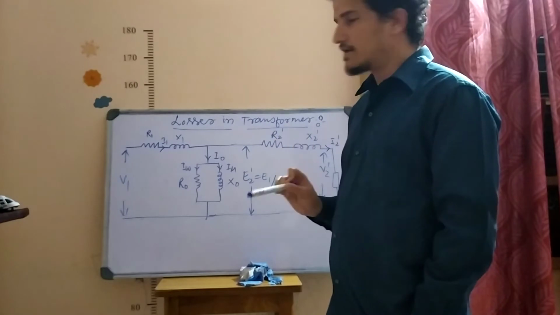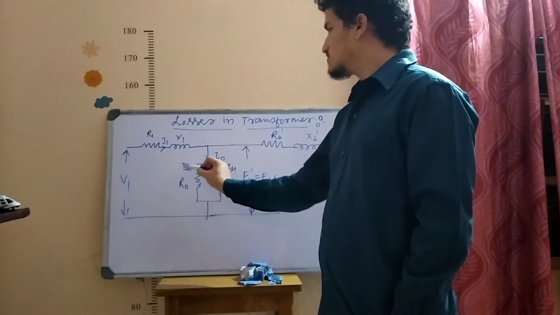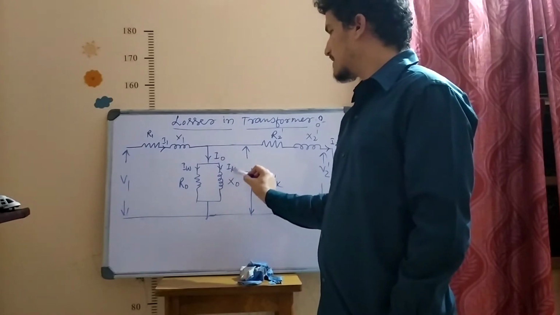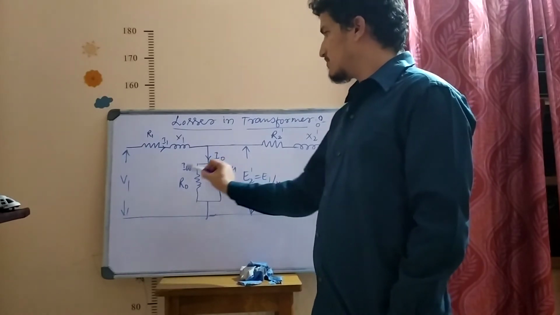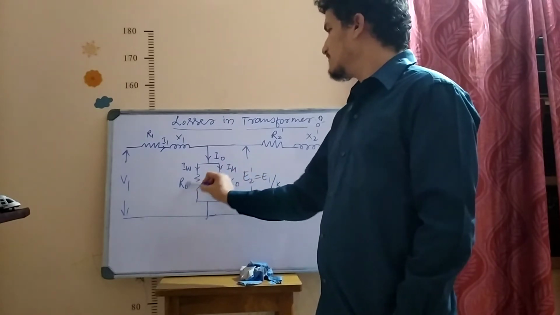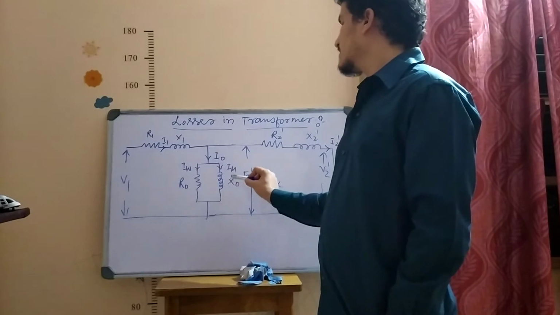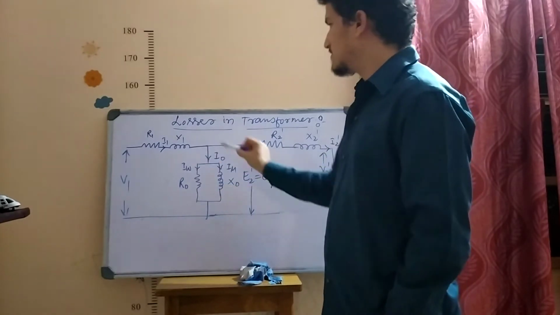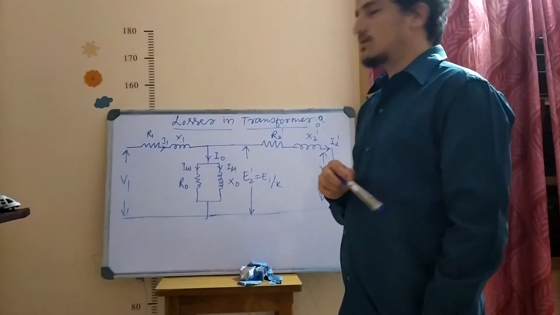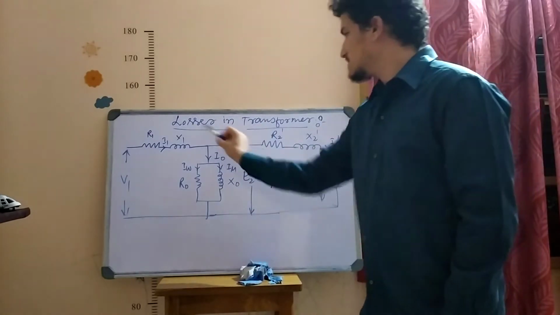I2 we have discussed. Here I0 has two components: I mu is the magnetizing component and I omega is the core loss component. R0 and X0 are the core loss resistance and reactance that represent the total no load component.